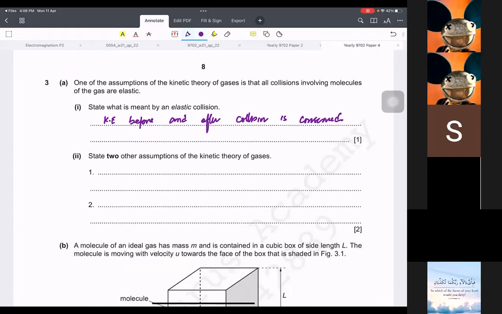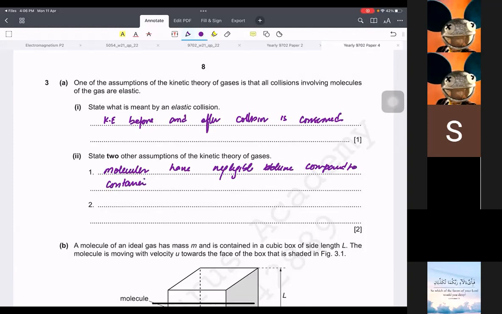Okay. Two assumptions, पहले इसने कौन सी बता दी? Okay, elastic collision वाली बता दी. So there are so many things you can write. Molecules have negligible volume compared to container, right?